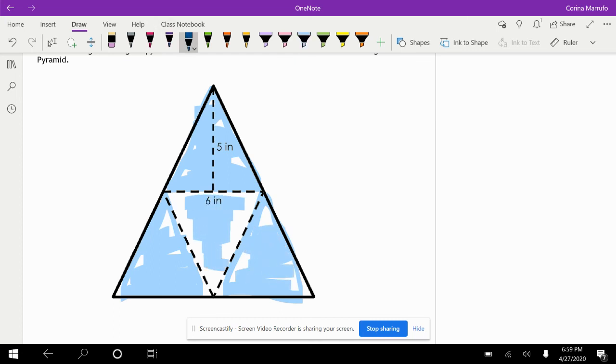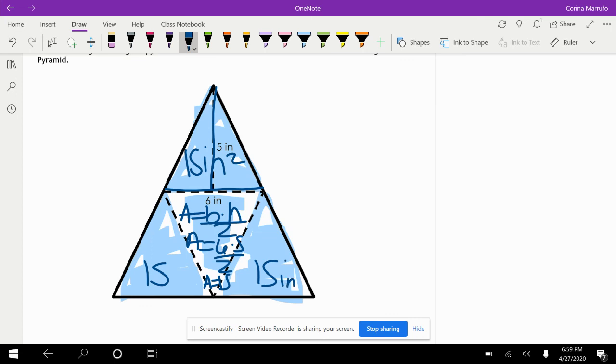So for the formula of a triangle, it's going to be area equals base times height divided by 2. Our base is going to be 6 and our height is going to be 5. So 6 times 5 is 30. Divided by 2 gives us 15. All of these are 15, and our units are inches squared.